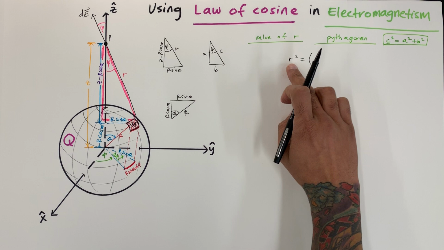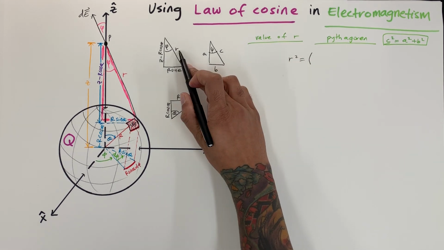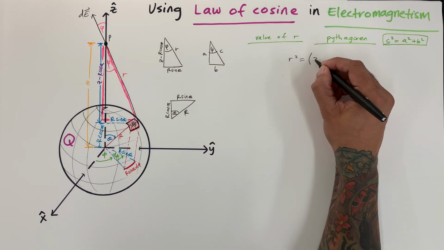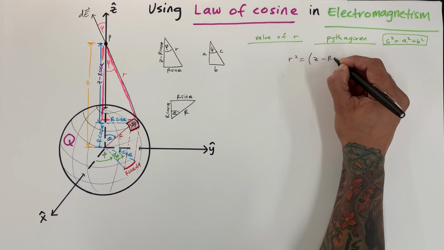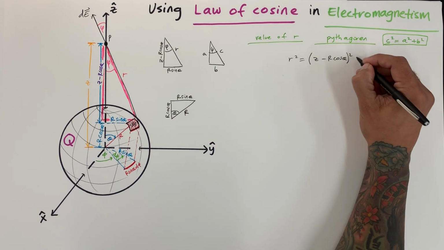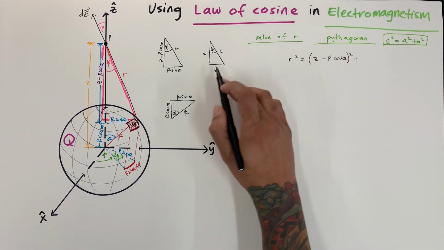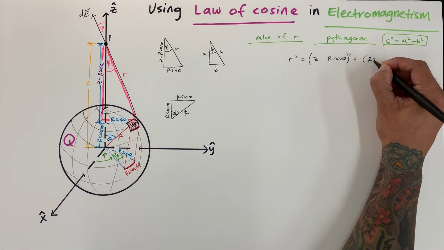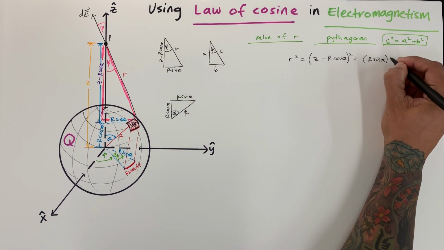And so now we're gonna do C squared, A squared, which is gonna be z minus r cosine theta squared, plus B squared. B is r sine, and so that's gonna be r sine theta squared.